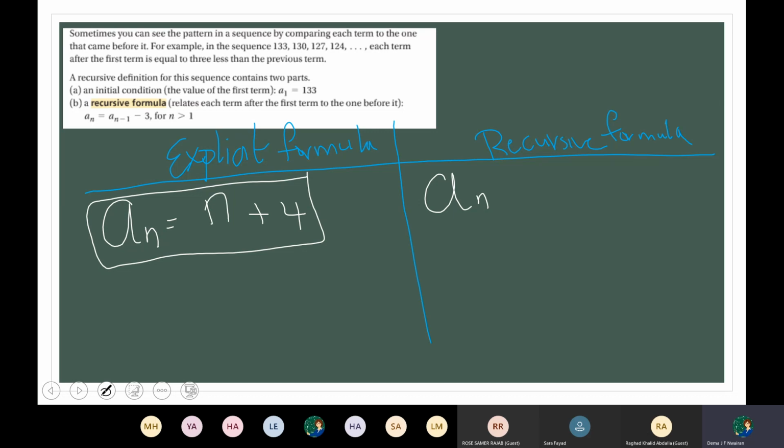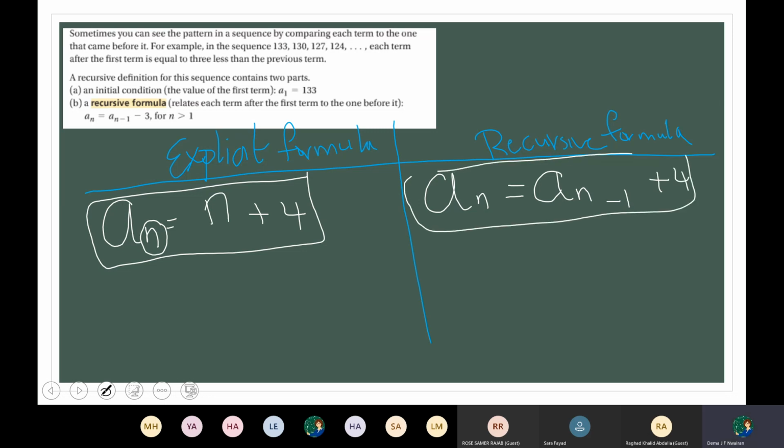It compares n, the number of the term, with the term, using a difference or multiplication and so on. But in the recursive formula, I compare the term with its previous one, the previous term plus 4. This is for the first difference.